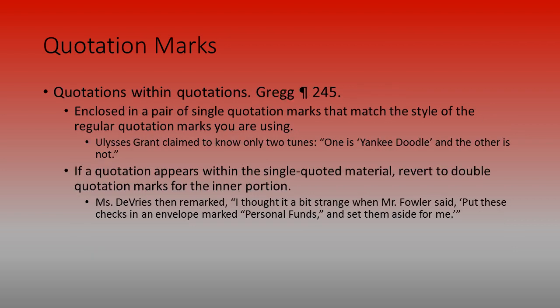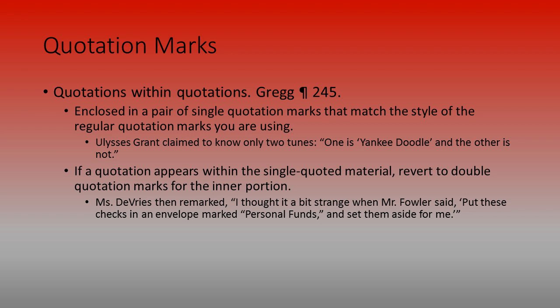Quotations within quotations. You use a pair of single quotation marks that match the style of the regular quotation marks you're using, whether they're straight or curly, but you go from double to single, and then back. Use the end with your single quote, and then at the end of the whole quotation, use the double. If a quotation appears within single quotes, revert to double quotation marks for the inner portion.